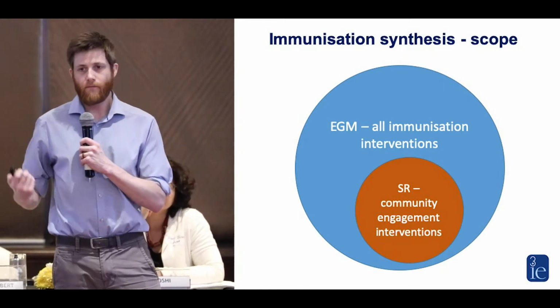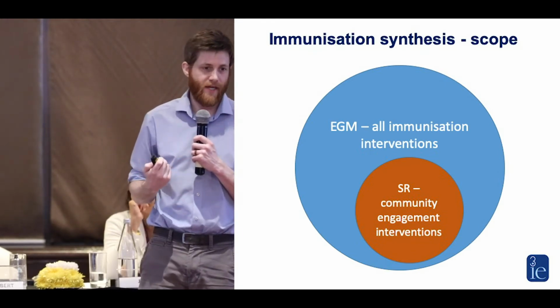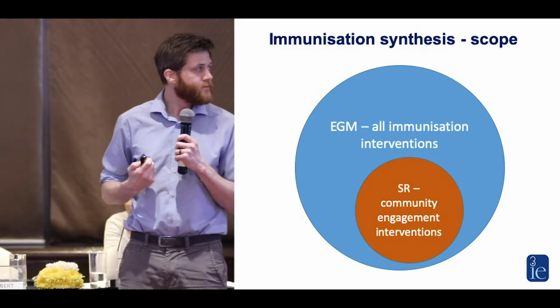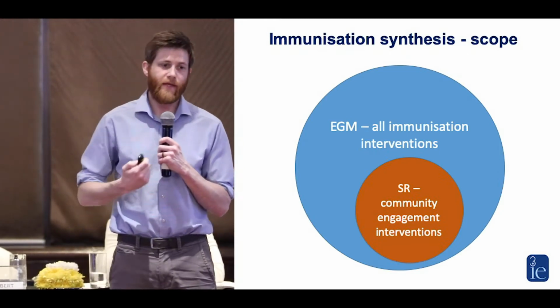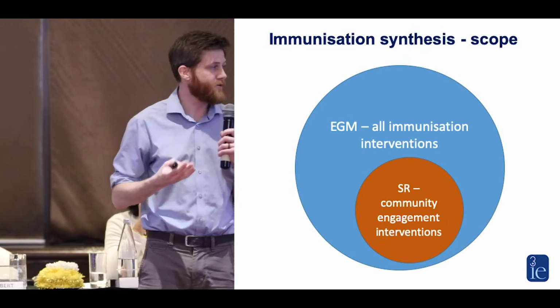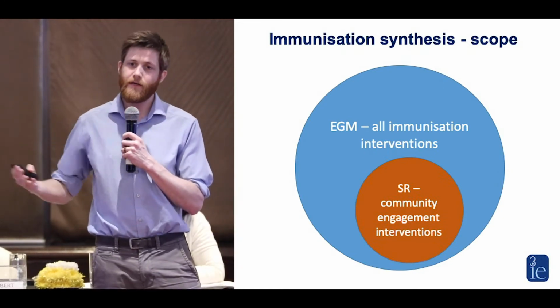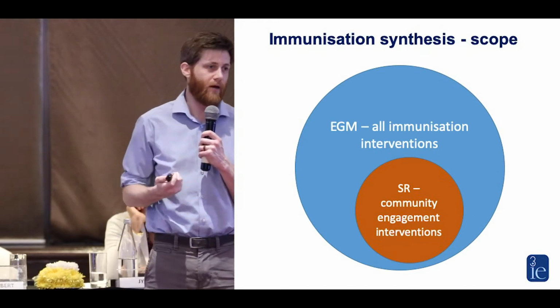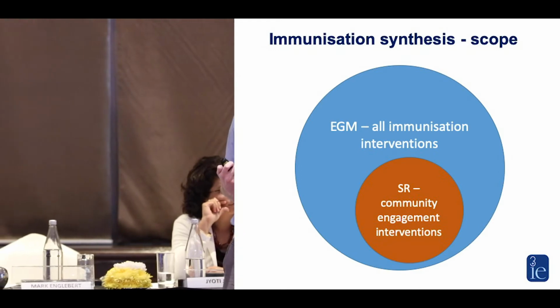And so now moving into actually talking about what we've done with the immunization space. Our aim for this evidence gap map is to look at all interventions that have been studied for their effects on routine immunization outcomes for children under 5 in low and middle income countries.